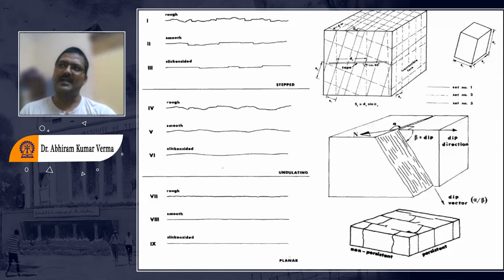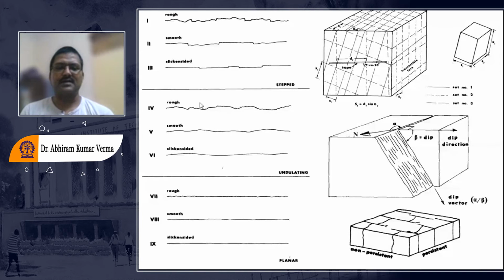Even if it is planar, you will find that the movement from left to right and right to left will have a difference, but this difference will be very, very minute. That maybe depends upon the orientation or the heterogeneity of the material, so those variations will be very less.